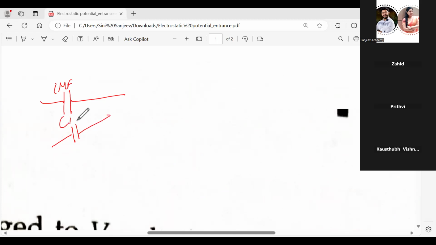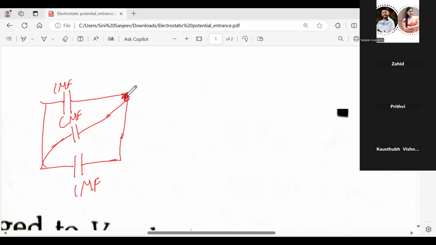This is my C microfarad, and nothing is given for it. And this is my 1 microfarad. And this is my 10 cube, which I'm least bothered about. I'm only worried about how to find the capacitance in series or parallel.